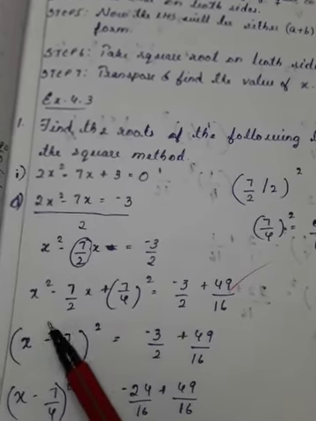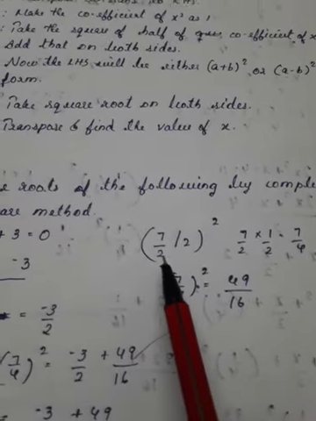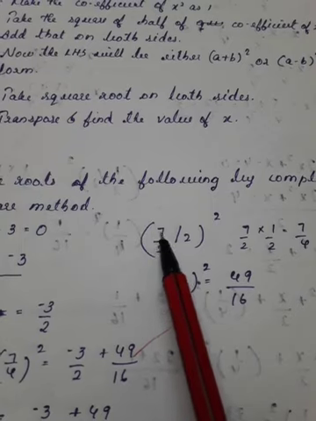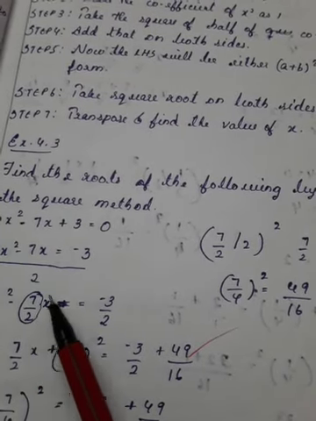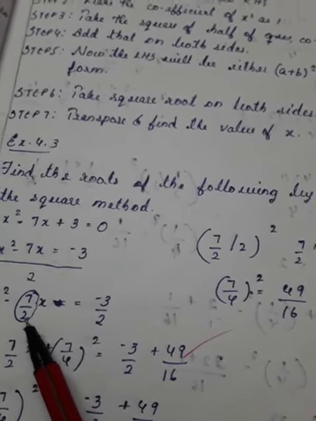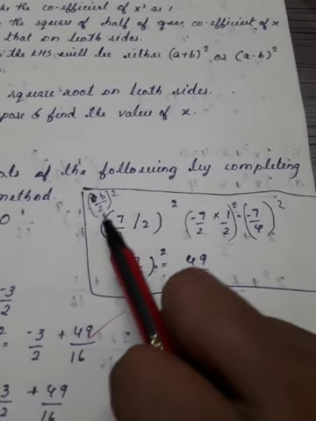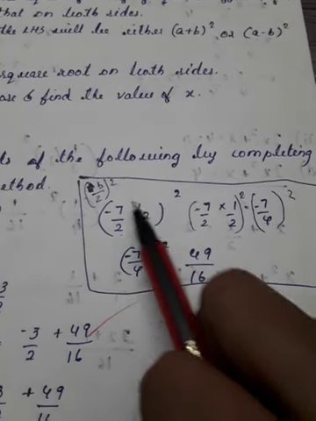Now the third step is to take the square of half of b. What is b, the coefficient of x? It is −7/2. So b is −7/2, and half of b means dividing by 2, and then its square.